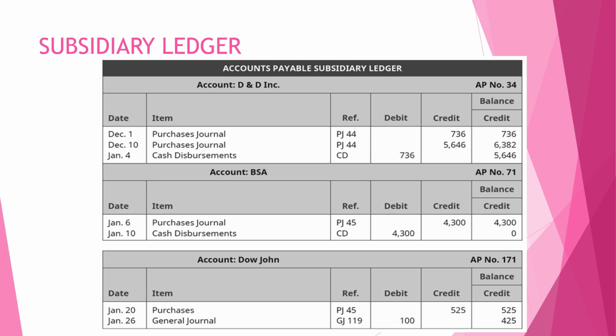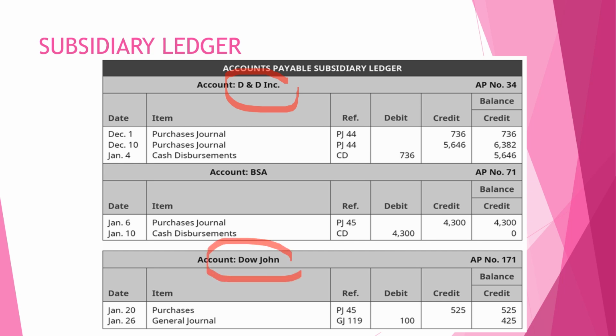The upper portion indicates the name of the vendor or the supplier. For accounts payable, you have a separate account for each. You have accounts payable for DND, another accounts payable to BSA, another accounts payable to Dojan.